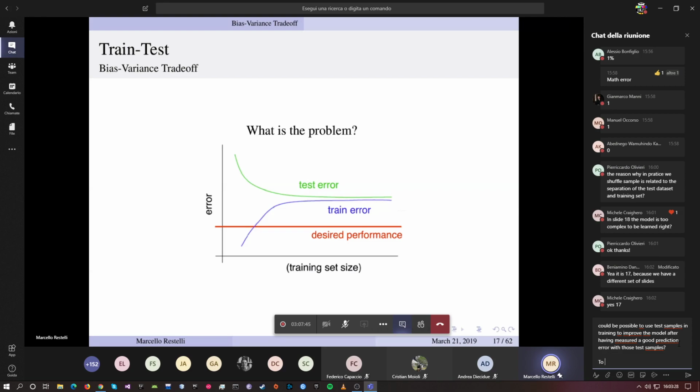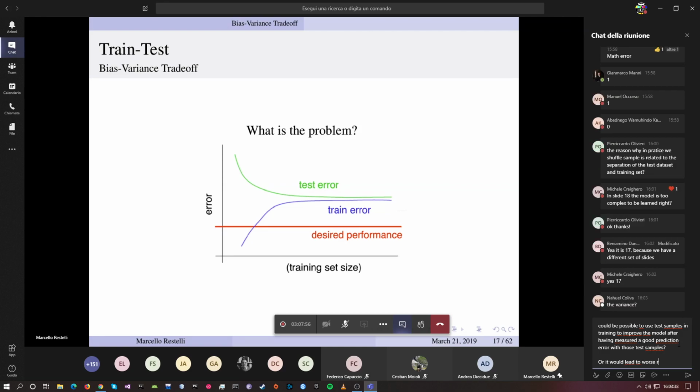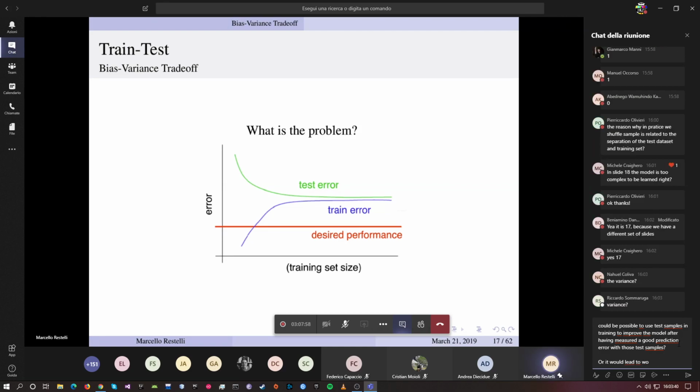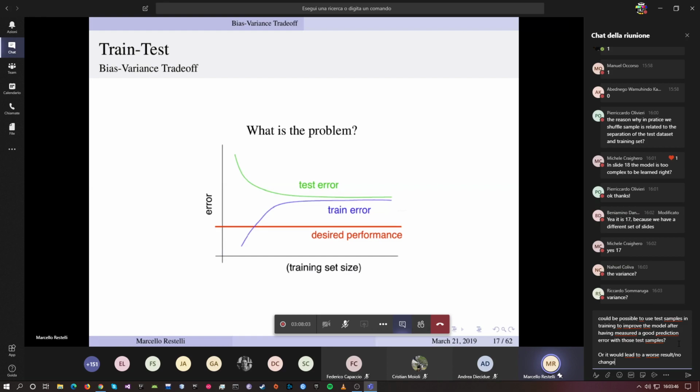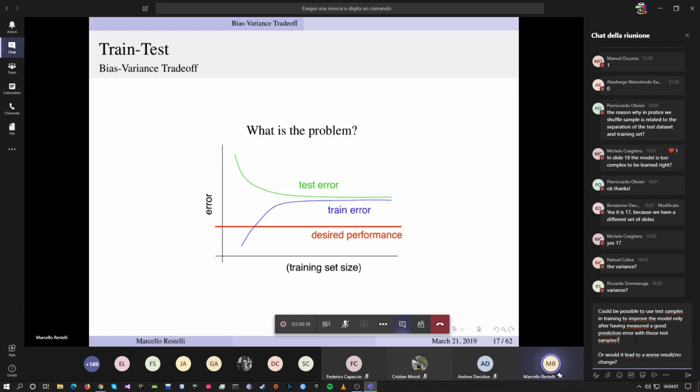The difference between the two is the variance, and potentially also the reducible error, of course. Since the test error is an estimation of the true error that you want to minimize, and the train error can be used as an estimation of the bias, the difference between the two is the sum of the variance plus the reducible error.